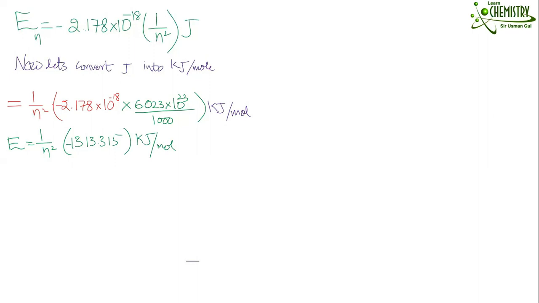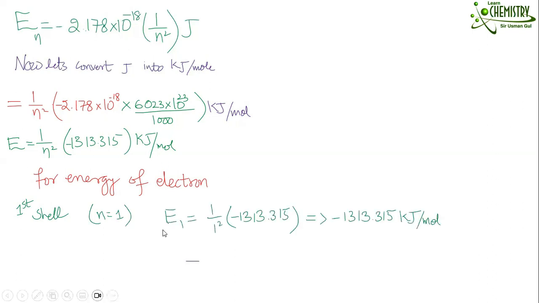Now remember that this is a general formula, because right now we haven't mentioned any shell number. If you want to mention a shell number, let's suppose the energy of an electron in the first shell, we put n equal to 1. E1 will equal 1 upon 1 square into this value, minus 1313.315.